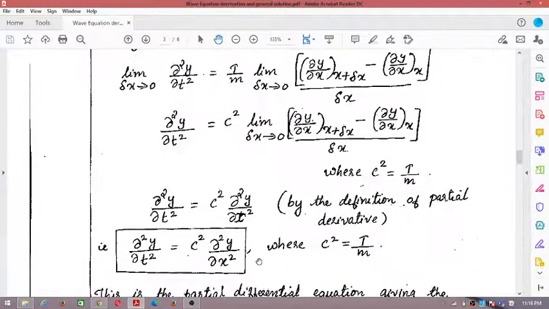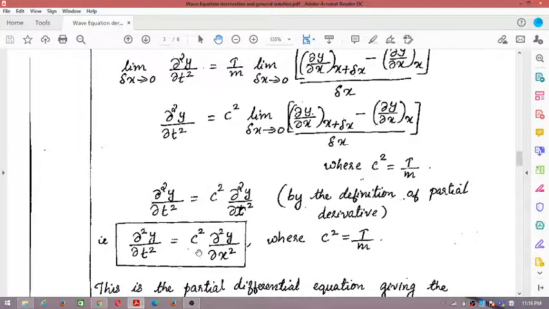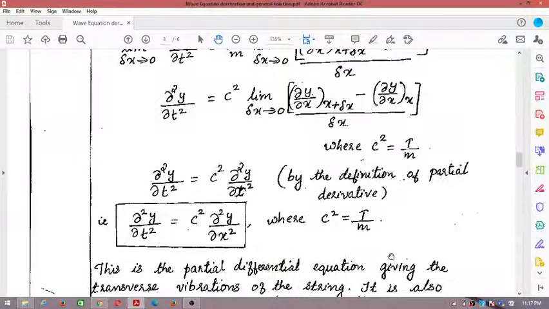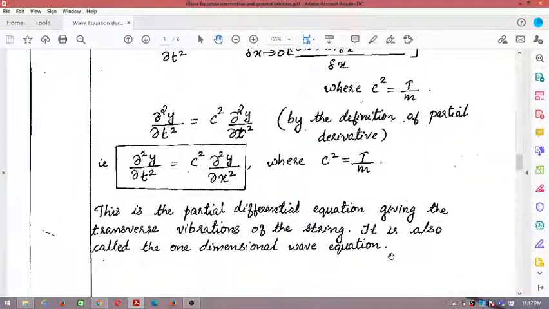That is, we have ∂²y/∂t² equal to c squared times ∂²y/∂x², where the constant c squared is given by T by m, where T is the constant tension applied to the string and m is the mass per unit length. This is the partial differential equation which gives the transverse vibrations of the string. That is also called the one-dimensional wave equation.